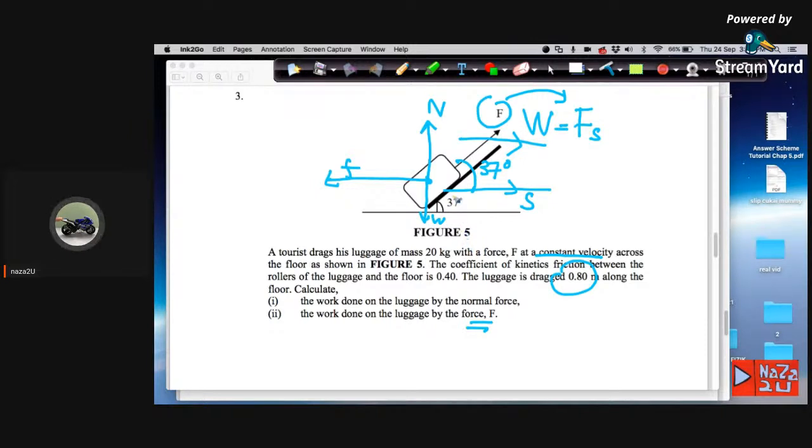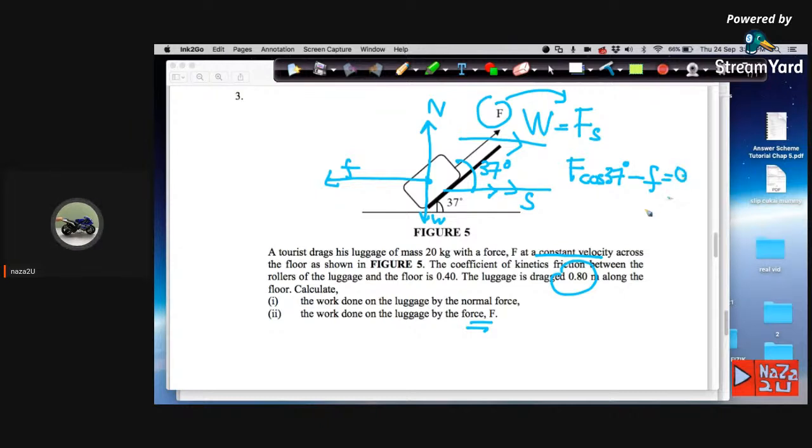Right? So now if you use the net force to the right, resolve F to the x-axis. So F cos 37 degrees minus frictional force F is equal to 0.